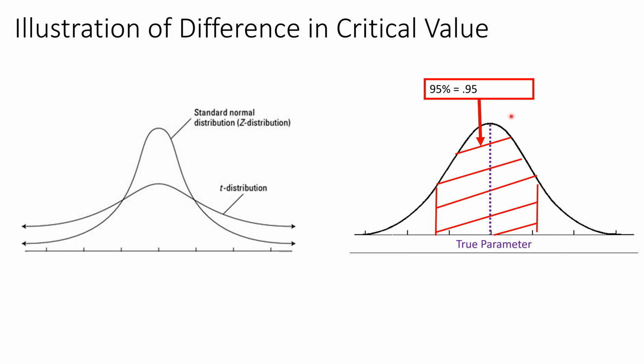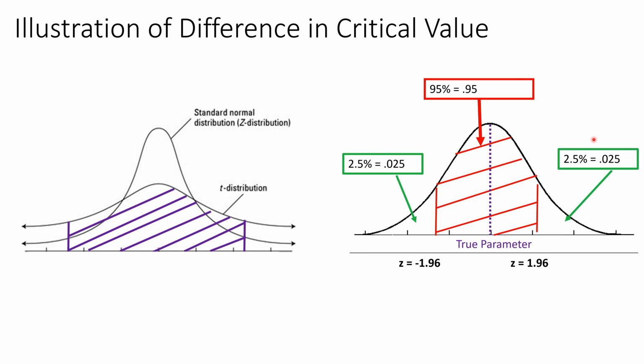So we want to find the critical values for the 95% area. From exam 2, we know how to find the critical values. However, the critical values for the t-distribution will be quite different.